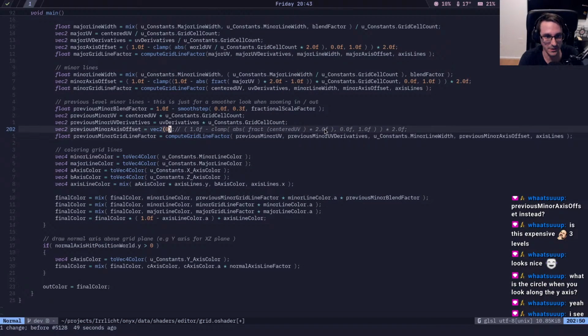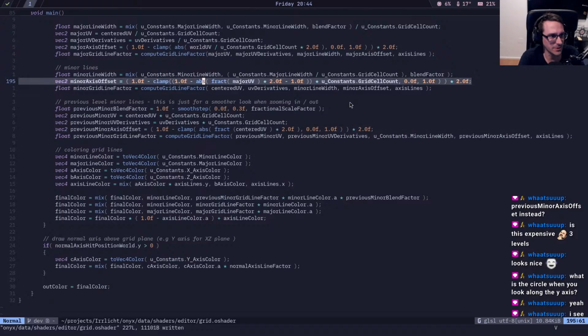Let's see. So this one, why would you not be working? It's probably something stupid. It's maybe something more like that, right? It probably needs to be the same as the minor axis offset, just with a different UV.